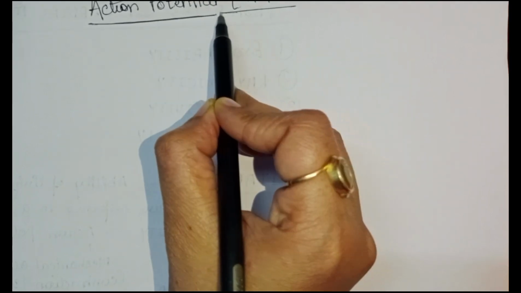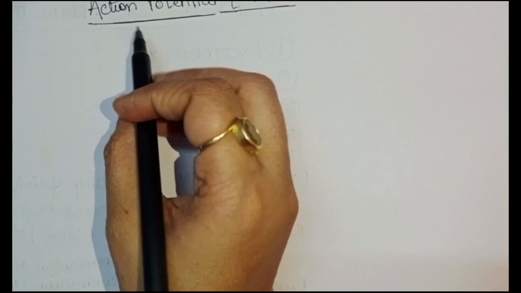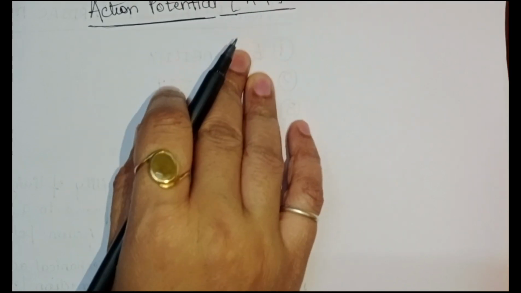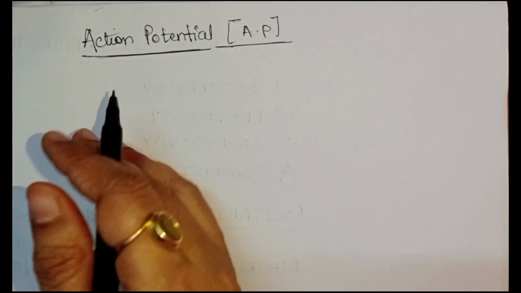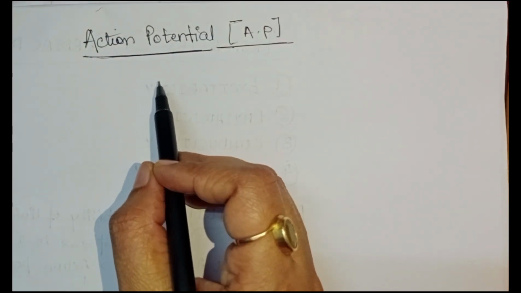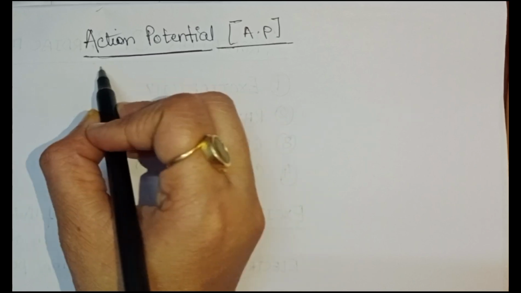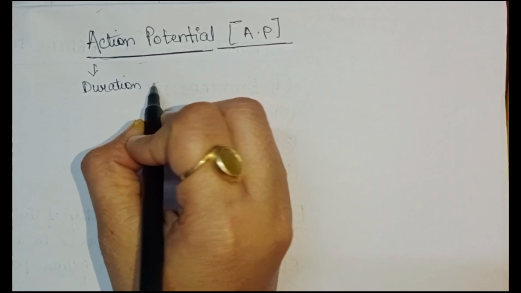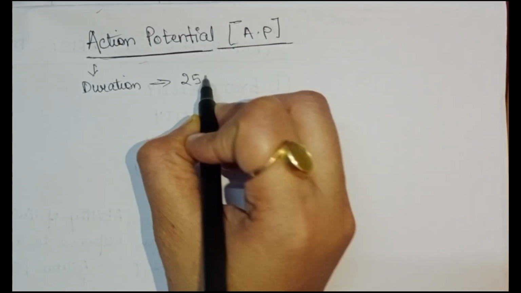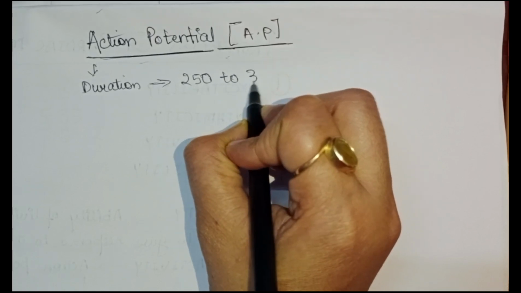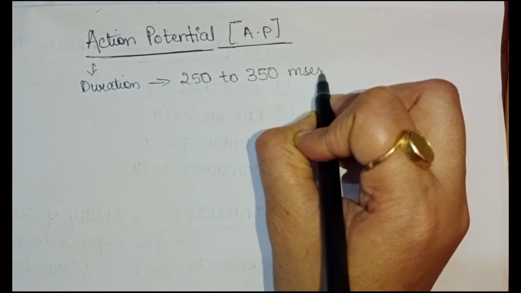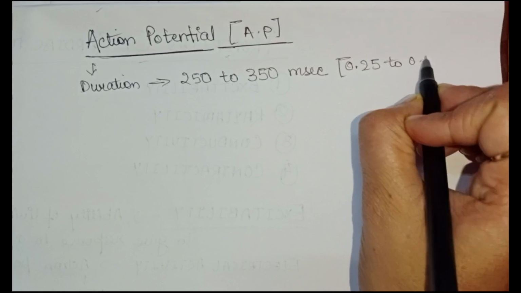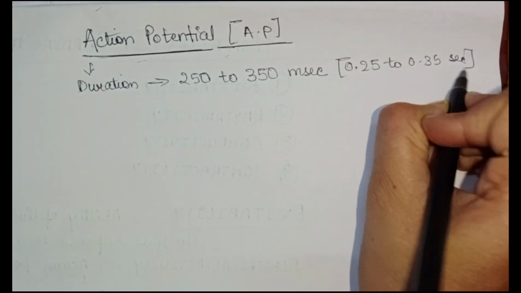The duration of action potential in cardiac muscle is about 250 to 350 milliseconds, or you can say 0.25 to 0.35 seconds.